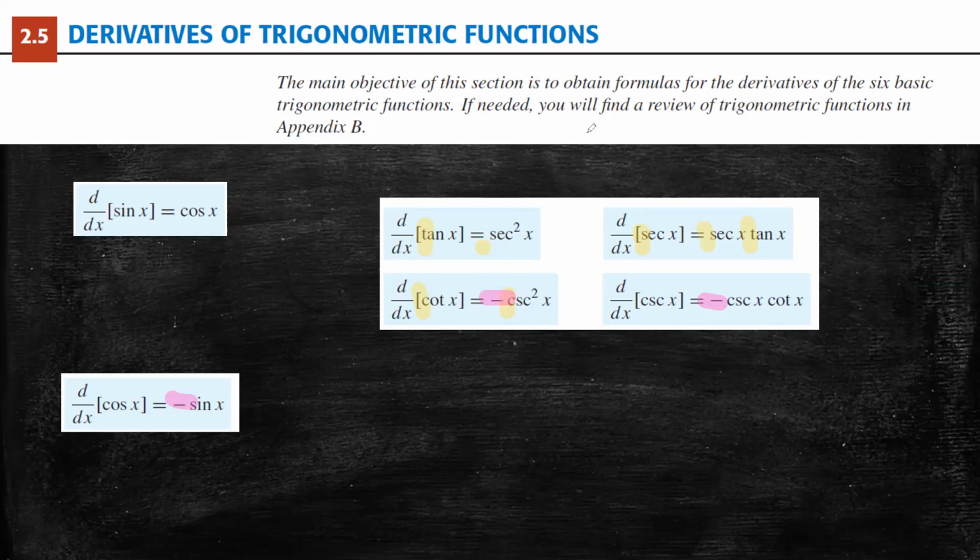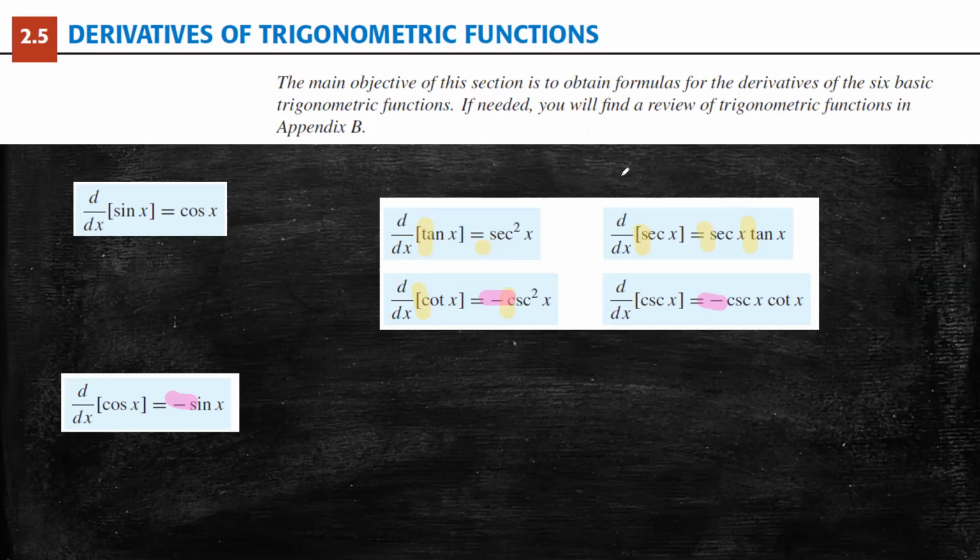Now, where do they get it from? As an example, let's find the derivative of tan. How do they know it is secant squared? They used the limit. Do you remember the limit of f of x plus h minus f of x, over h, when h approaches 0? That was the first lesson, how we can find the derivative using the limit.